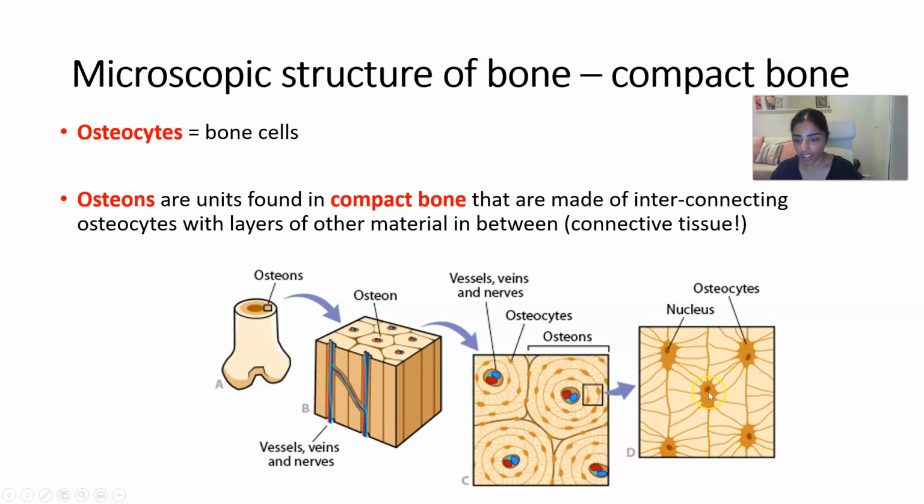And you can see that here, here, and here. You can see between those osteocytes, there is this kind of cream-colored space in between. And this is the connective tissue made up of the inorganic salts. And those inorganic salts are nutrients such as calcium and phosphorus.